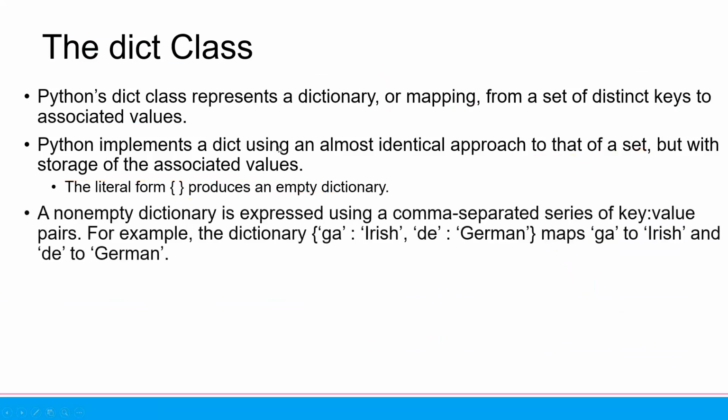So a non-empty dictionary is expressed using a comma separated series of key and value pairs. Usually we use K to represent the key and V the value, and it is a pair. For example, I have GA to represent iris, and then DE to represent gem.